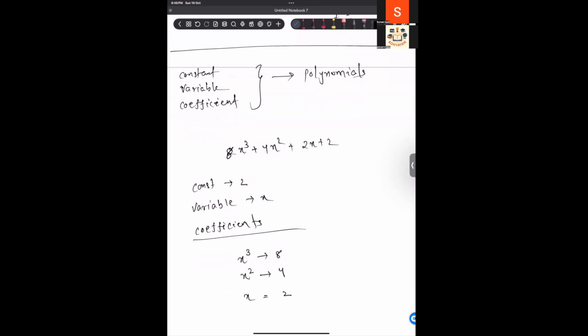Okay, this is how you can identify the constant, variable, and coefficient in a polynomial.